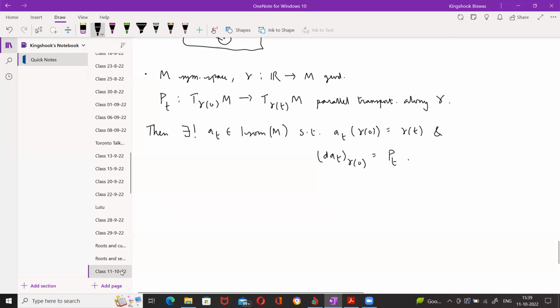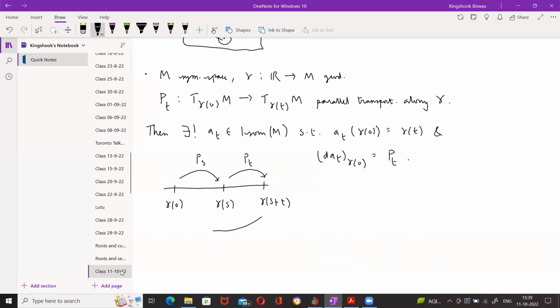And note that you see parallel transport: if this is gamma 0, this is gamma S, and this is gamma S plus T. Here I have a parallel transport map P_S, and here I have another parallel transport map P_T.